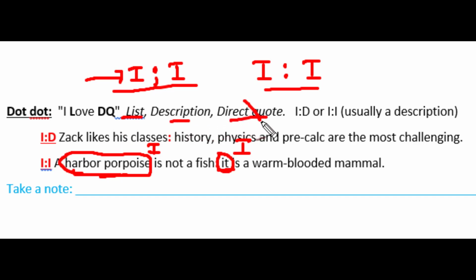Well, obviously, there's no quotation marks here in the second example, so that's not it. And here you see that we're not listing anything off about the harbor porpoise, but there it is. It's a description of what a harbor porpoise is, or like we saw earlier, almost a mini definition. There you have it, kids. It's the dot dot.